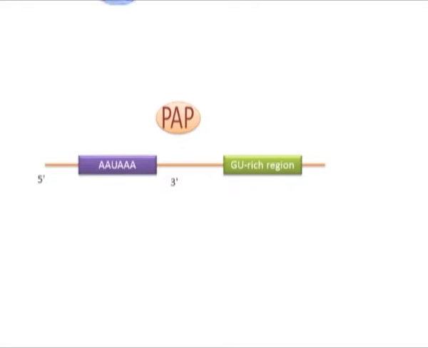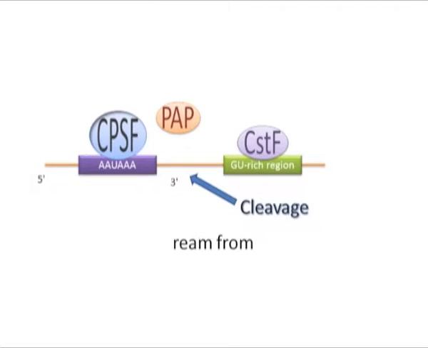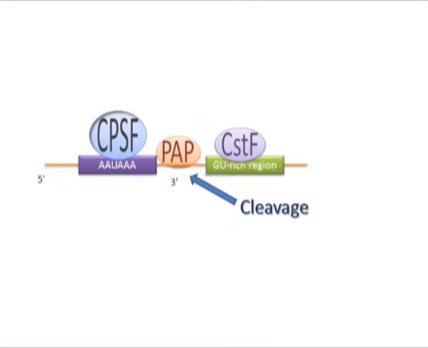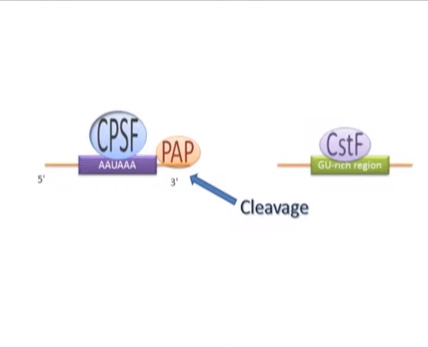The upstream signaling region has the canonical nucleotide sequence AAUAAA, which is highly conserved across the vast majority of pre-mRNAs. A second downstream signaling region located on the portion of the pre-mRNA that is cleaved before polyadenylation consists of a GU-rich region required for efficient processing.